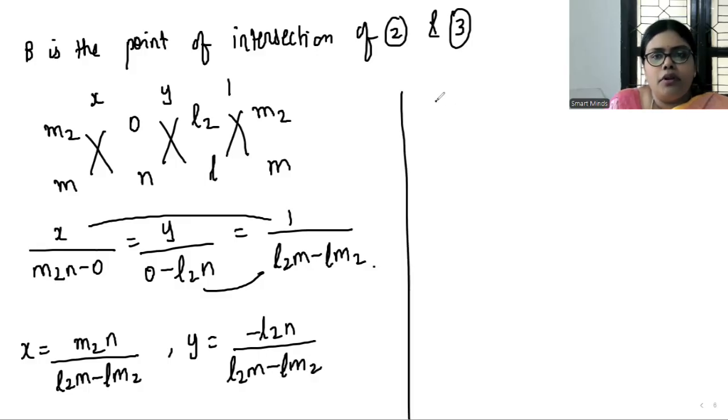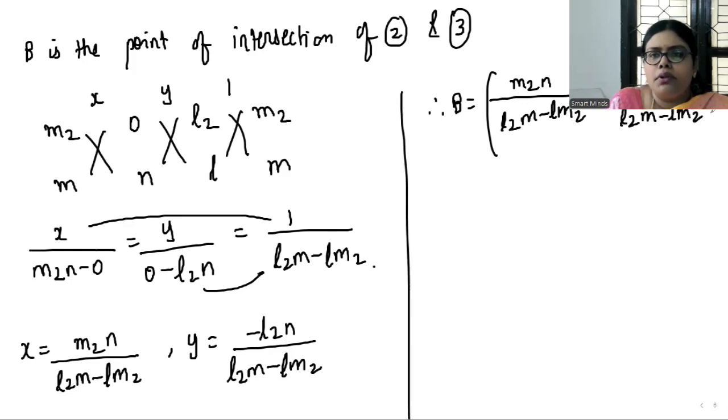So therefore, you get point B. Point B is first you write the X term, M2N by L2M minus LM2, comma, minus L2N by L2M minus LM2. This is point B. So you got point O, point A, point B.